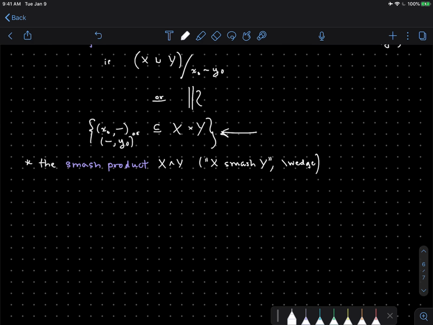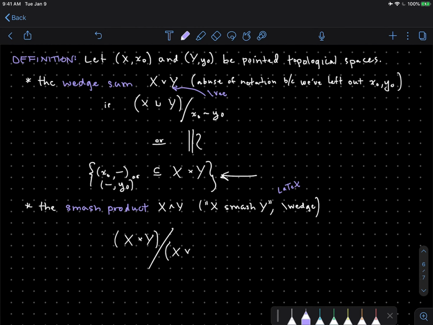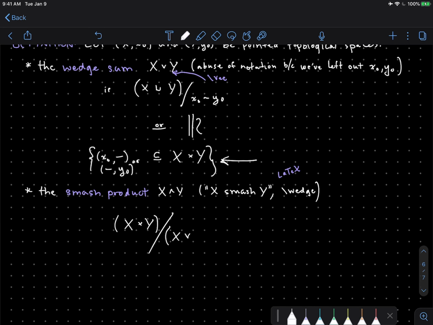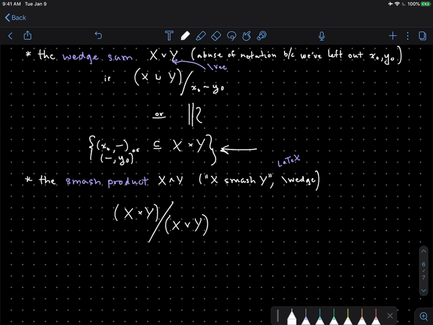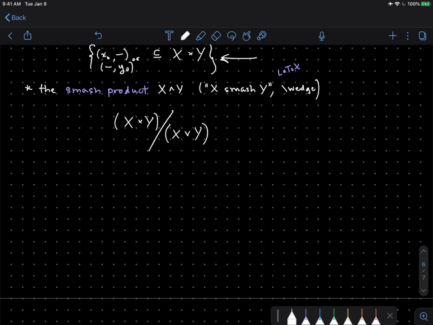This is defined as the quotient space of X cross Y, quotient X wedge Y. Sorry, I know this is really confusing. In LaTeX, the smash product is \wedge, and the wedge sum is \vee. I know it's confusing. So we take the wedge sum of X and Y, and we can quotient the Cartesian product by the wedge sum, and that gives us the smash product.